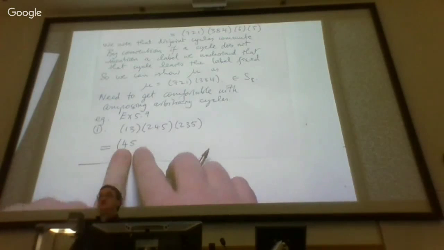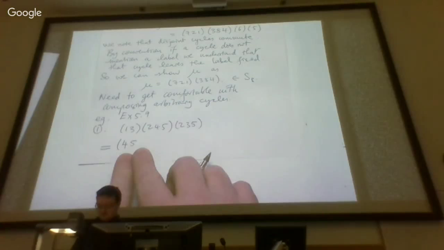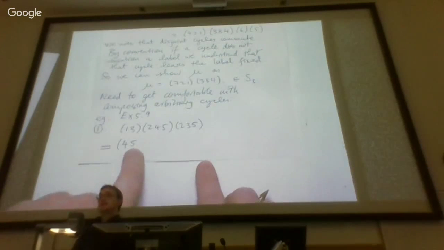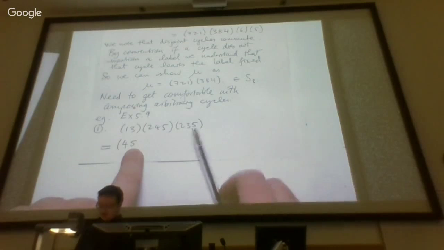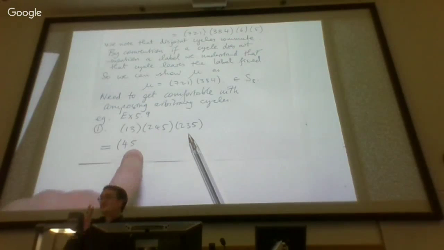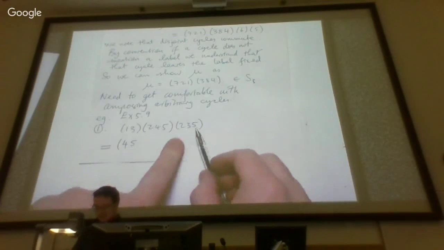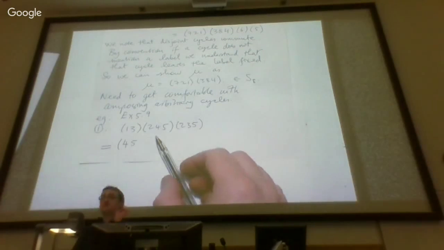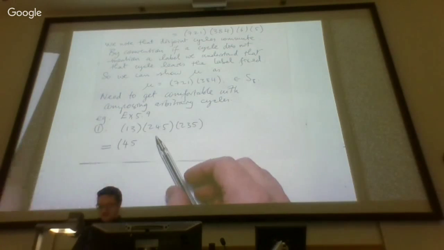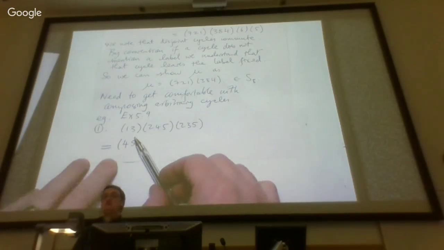We then just seek to continue it. So we ask ourselves, what happens to 5? What does this first one do to 5? 5 gets sent to 2. What does this one do to the intermediate value of 2? 4. So 4 is the intermediate value. What does that one do to 4? Leaves it at 4.